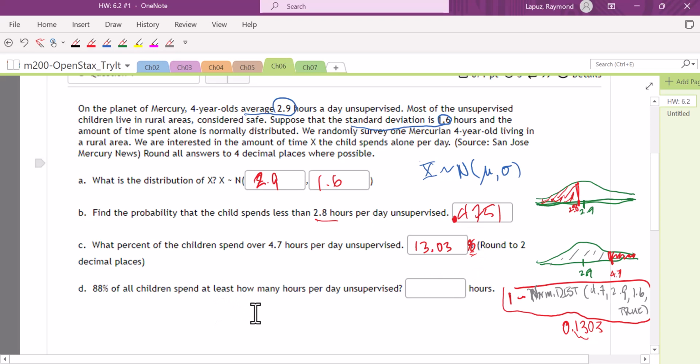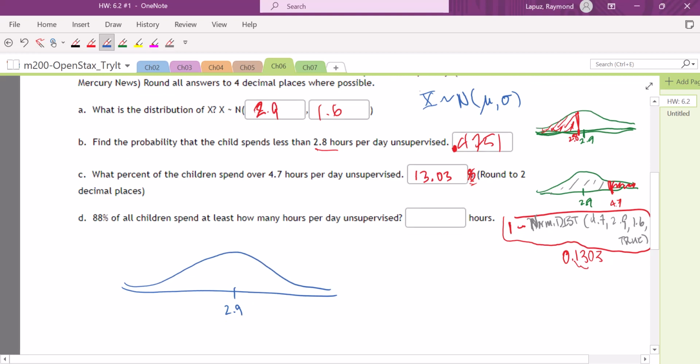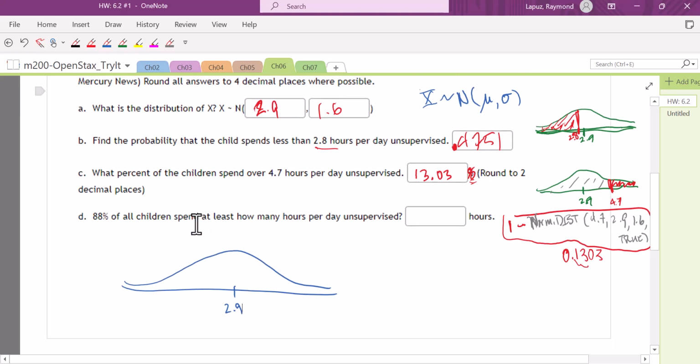Okay, now the last one is a little bit tricky because it's going to require an inverse norm, and let's see what it's asking. 88% of children spend at least how many hours per day unsupervised? So if we were to draw out our graph again, and then we have our 2.9 here, and we want to know 88% of the children spend at least how many hours.